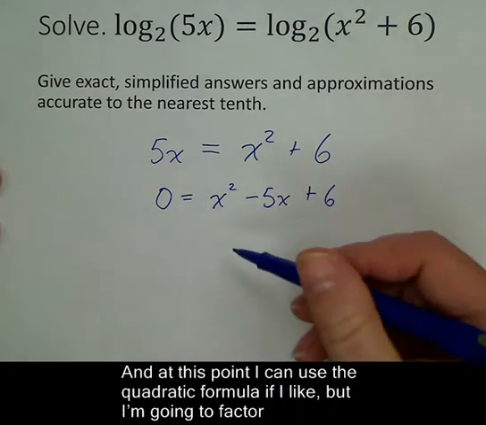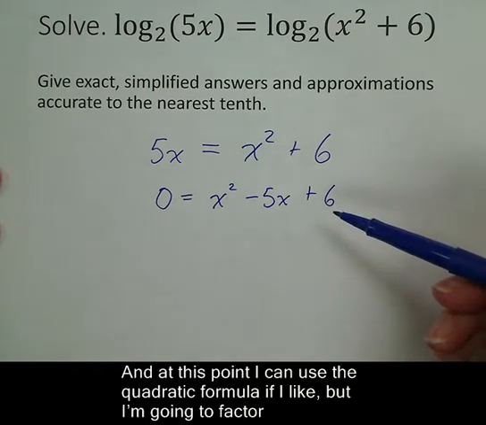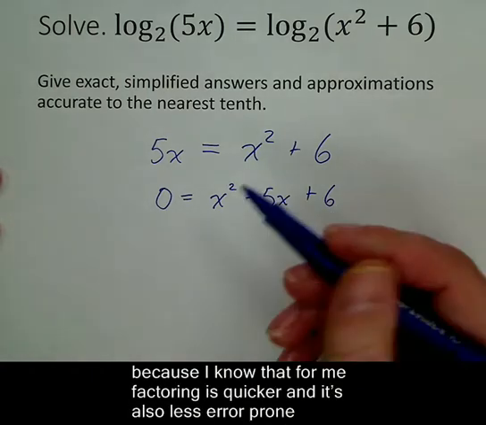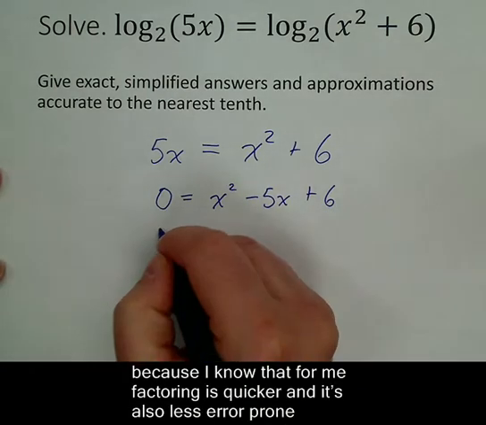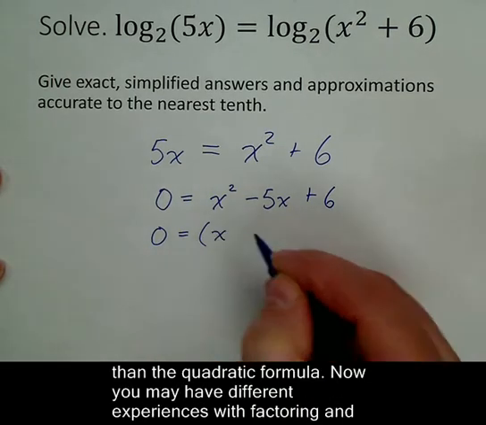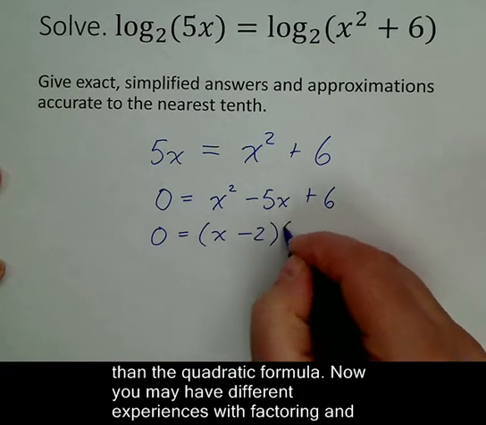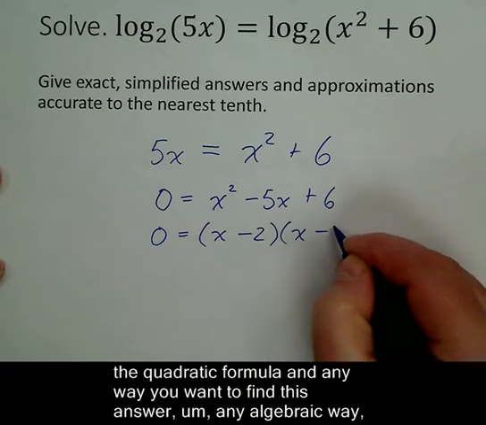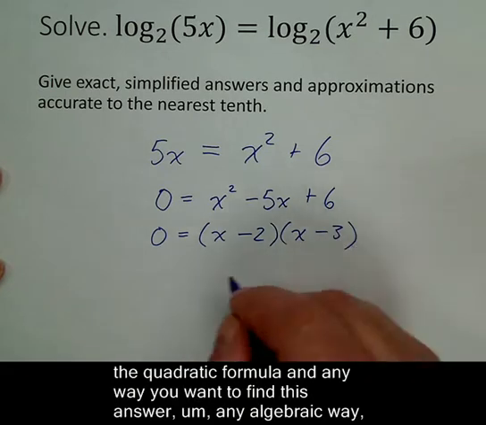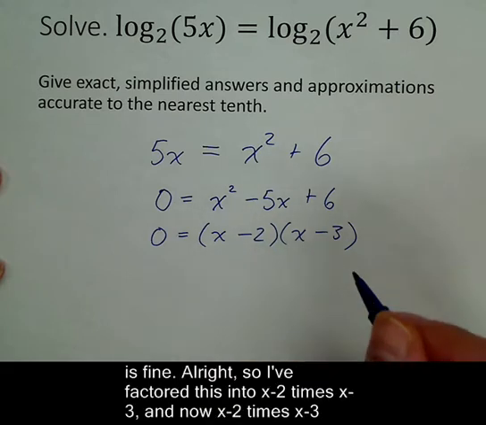And at this point I can use the quadratic formula if I like, but I'm going to factor because I know that for me factoring is quicker and it's also less error prone than using the quadratic formula. Now you may have different experiences with factoring and the quadratic formula. And any way you want to find this answer, any algebraic way is fine.